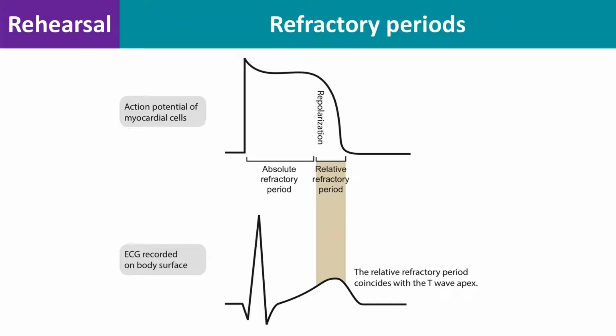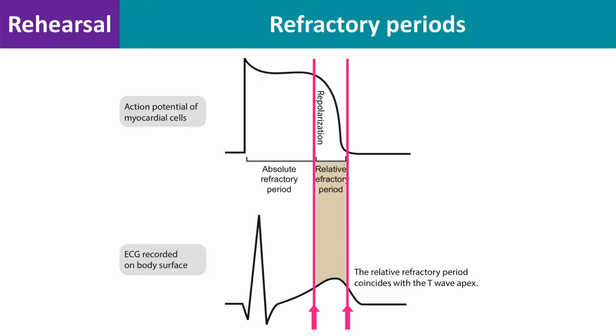During the cardiac action potential, the cell is absolutely refractory from the beginning of the depolarization to the beginning of the rapid repolarization. And this means that during this phase, the cell cannot be stimulated again, which basically means that the cell cannot trigger another action potential during this period.